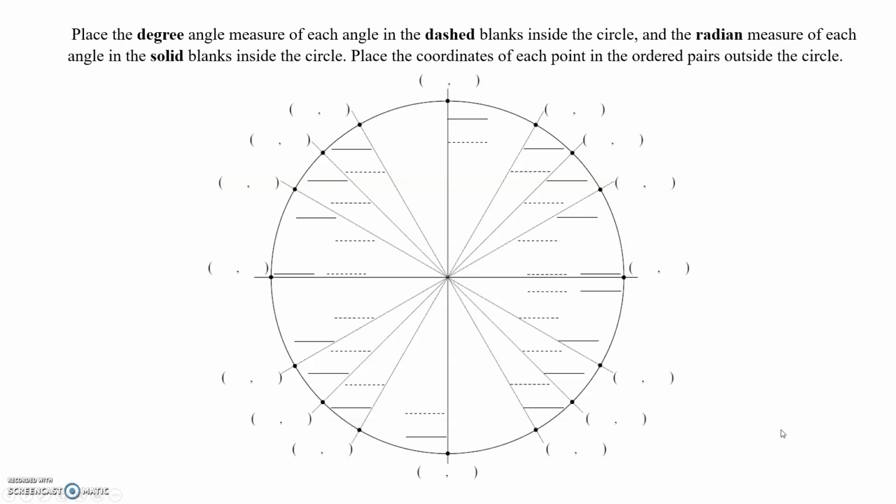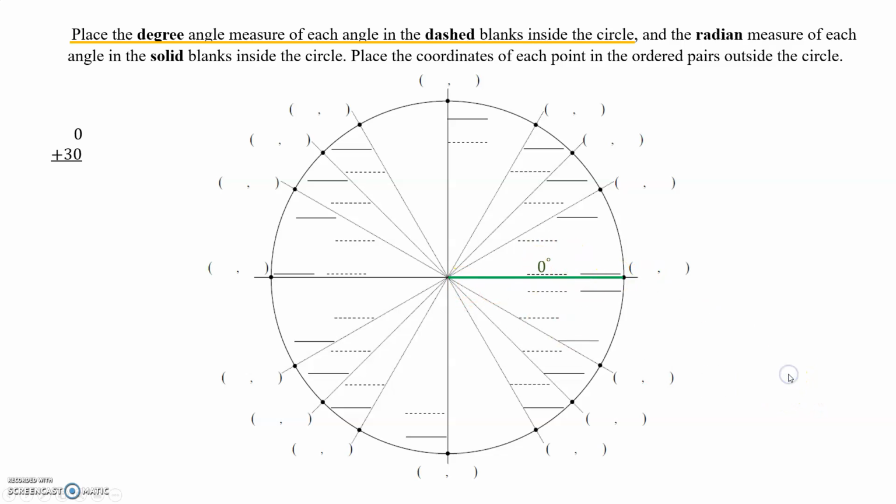So here we go. We're going to start with filling in the degree angle at each dashed line. What I'm going to do is not go sequentially, but use multiples of 30 first, and then I'll come back and deal with the 45s. So what I mean is this. Our first angle is 0 degrees.